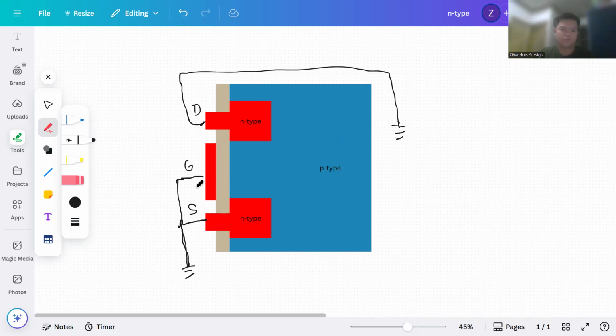So if this region is positive enough, napupush yung mga holes na near the gate. Like may mga holes dyan kasi ito yung majority carrier natin pag P-type ang substrate. So if this region is positive, therefore mapupush tong mga holes na to deep into the P-type substrate.